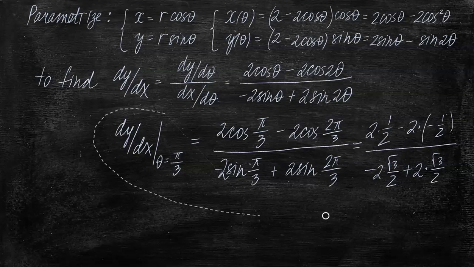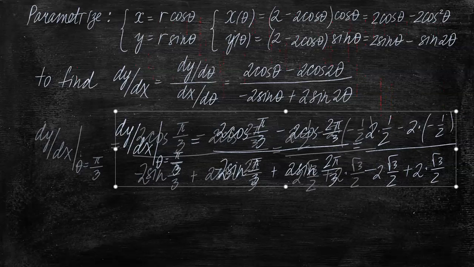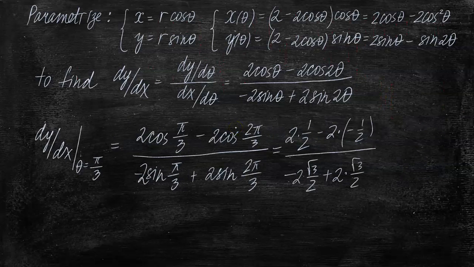So what do we have as a result? In the numerator we have 1 plus 1, which is 2, and in the denominator we have 0. So this expression is undefined, because we have division by 0.